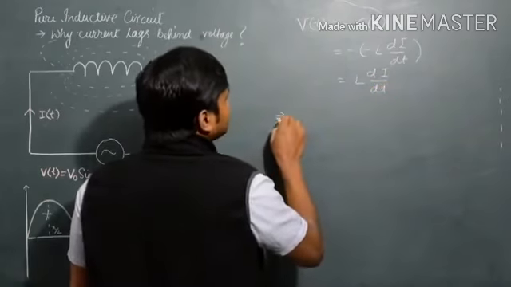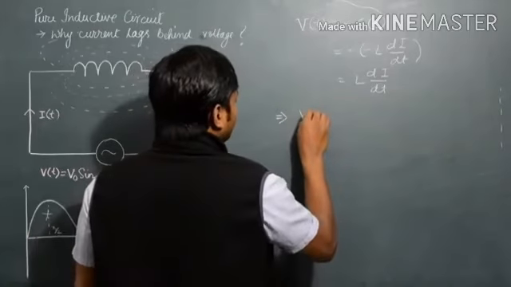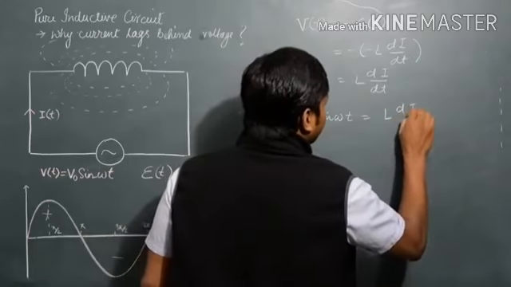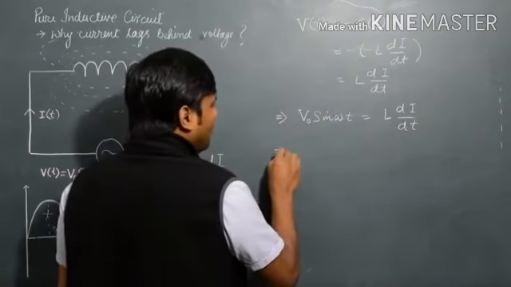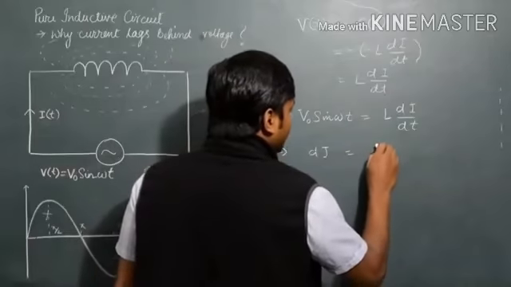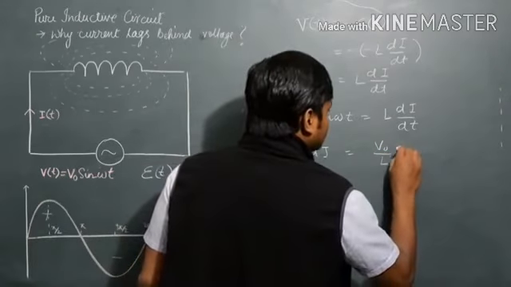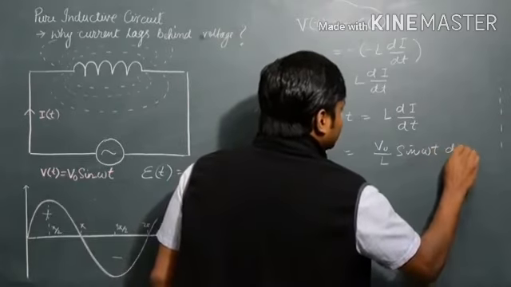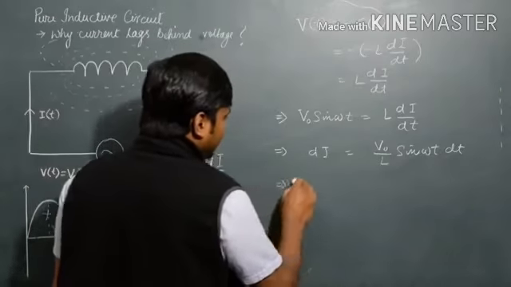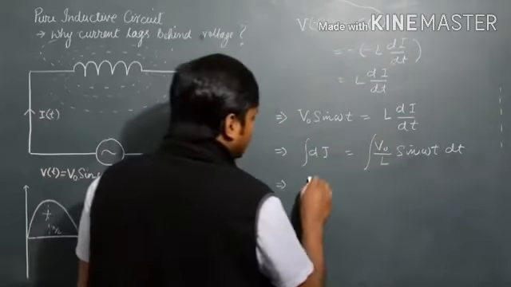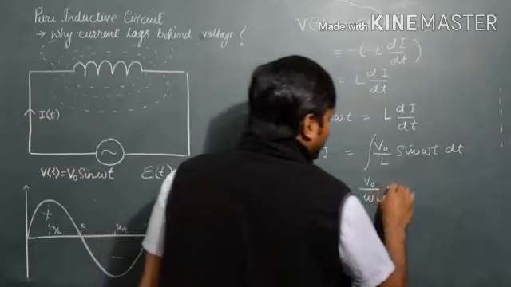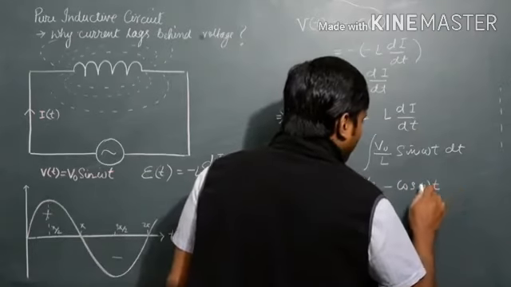This can simply be written as V naught sine omega t is equal to L di/dt, or di can be written as V naught by L sine omega t dt. Now if I integrate both these sides with the proper limits, then I get I is equal to V naught by omega L times minus cos omega t.